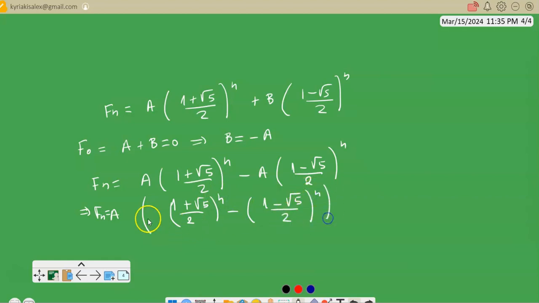For n equals 1, the second term of the sequence is 1. We have a times 1 plus square root of 5 divided by 2 minus 1 divided by 2 plus square root of 5 divided by 2 equals 1.